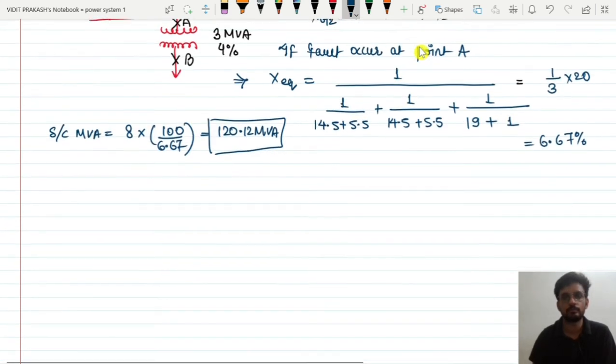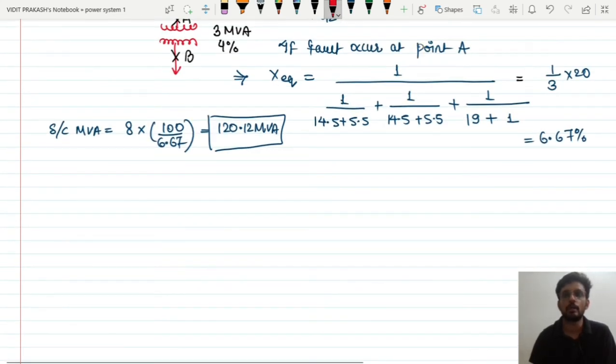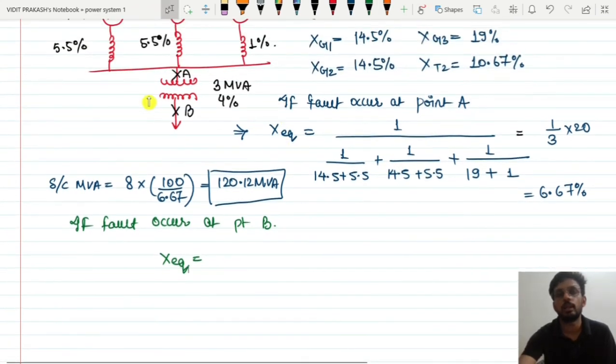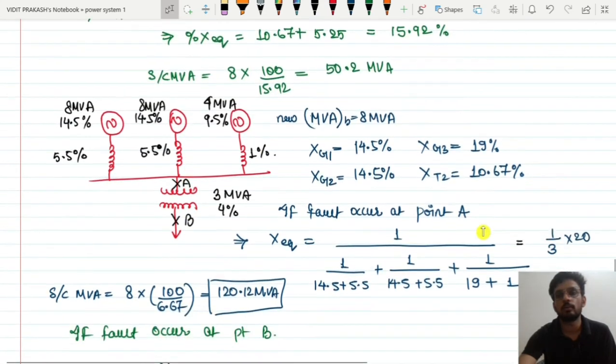Now, if fault occurs at point B, then what will be the equivalent reactance? See, till A we got 6.67, right? After that we have 10.67, the reactance value of the transformer.